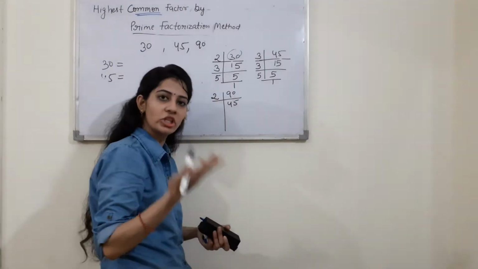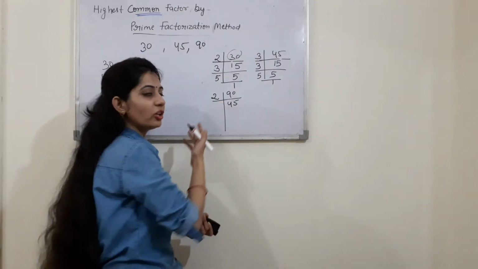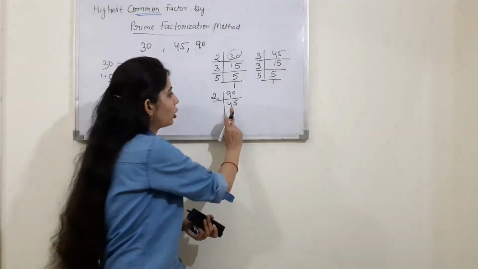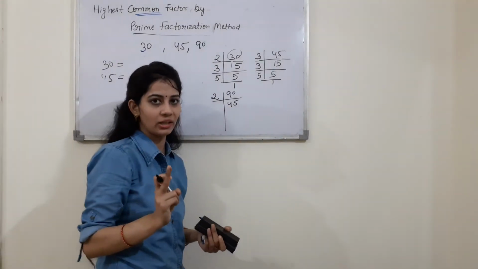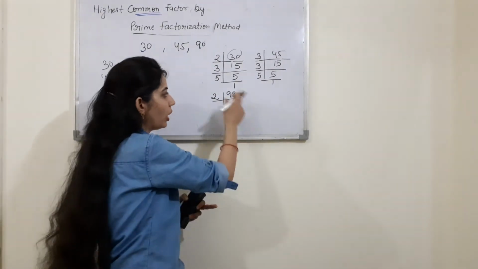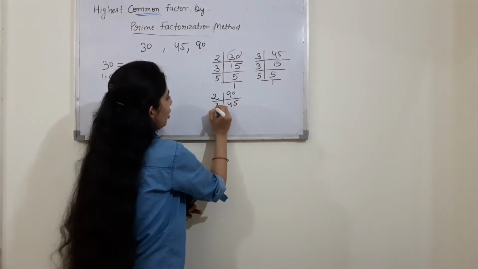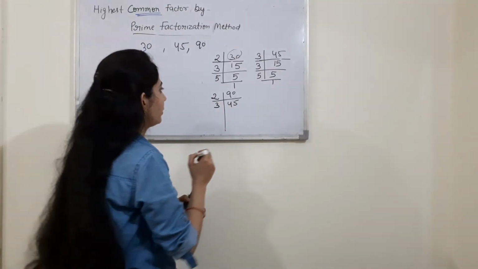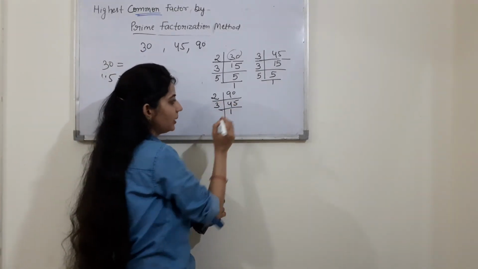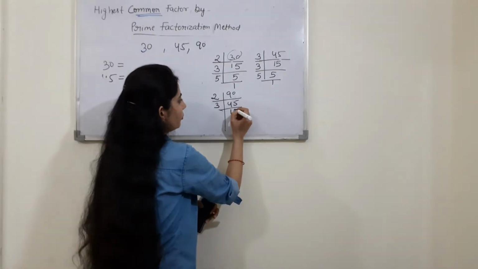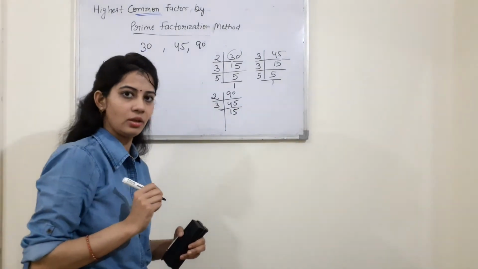Now we will see which prime number will divide 45, that will be your 3, because you can see 4 plus 5 is 9, so it is divisible by 3, the whole number will be divisible by 3. Now how many times will it go in 45? 3 times 1 is 3 and 5 will be carried forward, 15, 3 times 5 is 15, right?